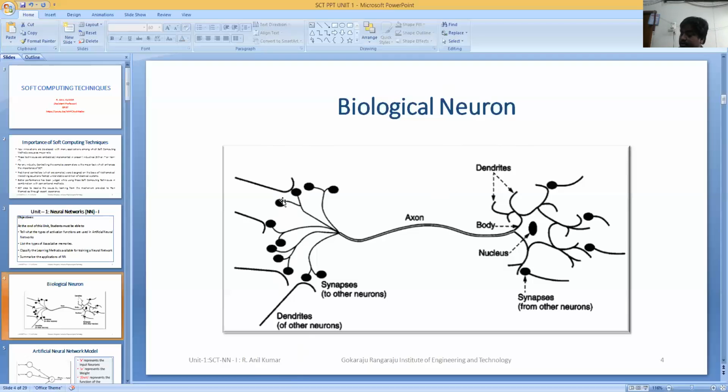We can consider n spikes as the input, denoted x1, x2, x3, x4, and so on up to xn. These inputs pass through the axon to the body, and finally we get outputs, which we represent as y1, y2, y3, and so on up to yn. The spikes at the input end are the dendrites.